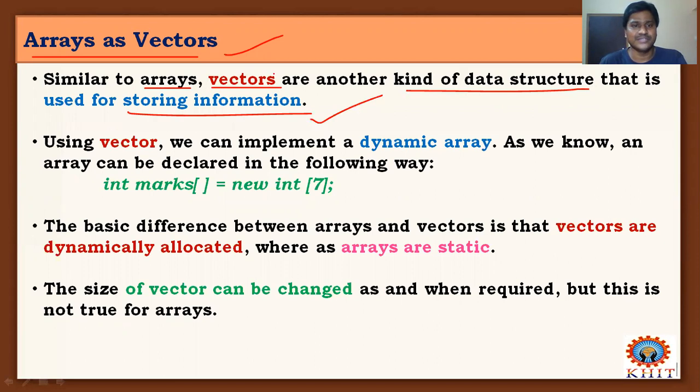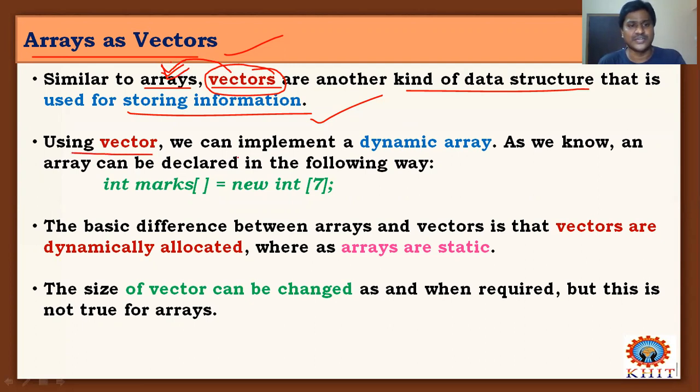From a mathematical point of view, we are already familiar with vectors. Logically in our programs, when we store information in a sequential format, mathematically we consider those as vectors, and in programming we use the array data structure to represent or implement these vectors.